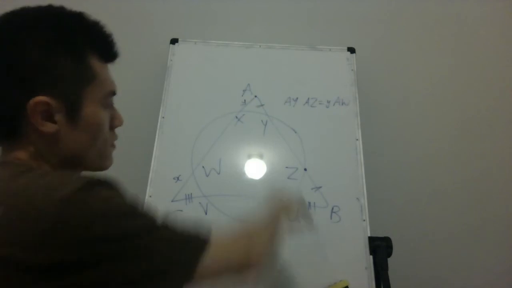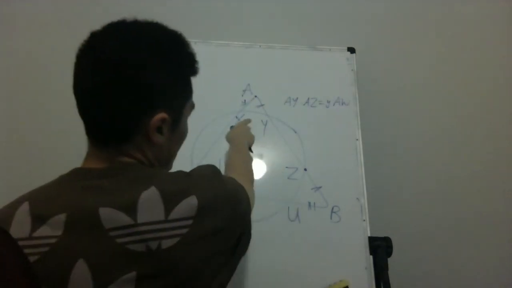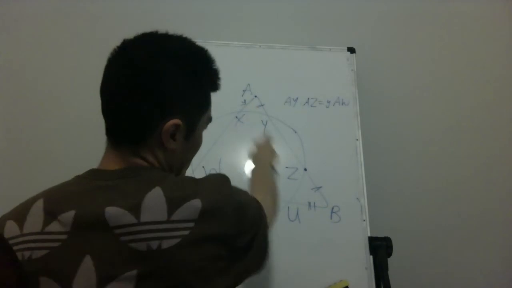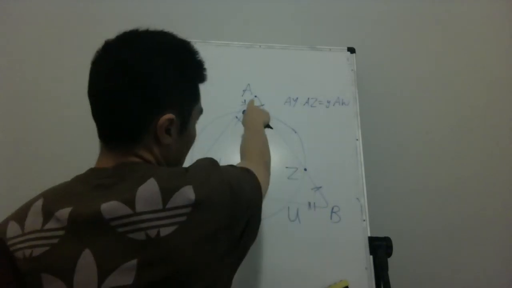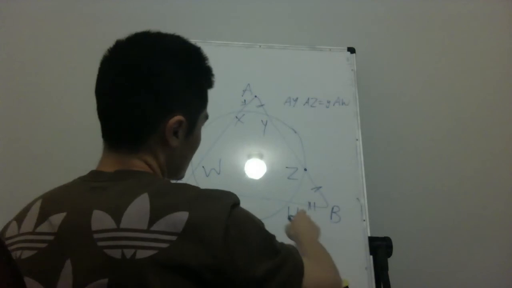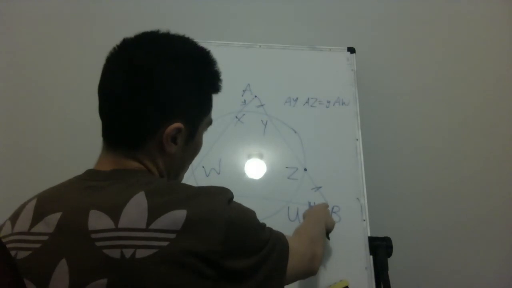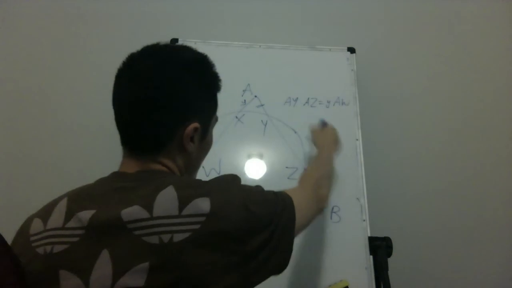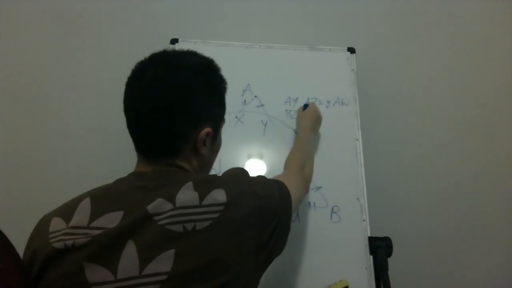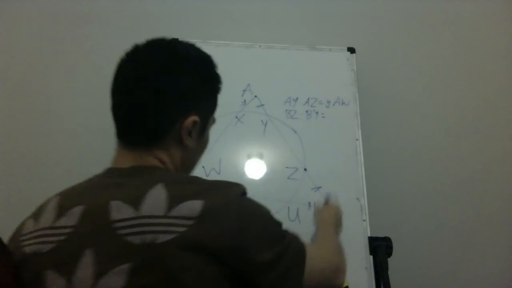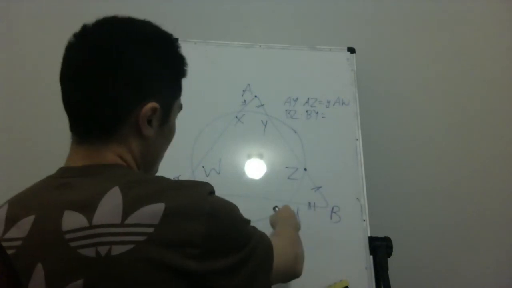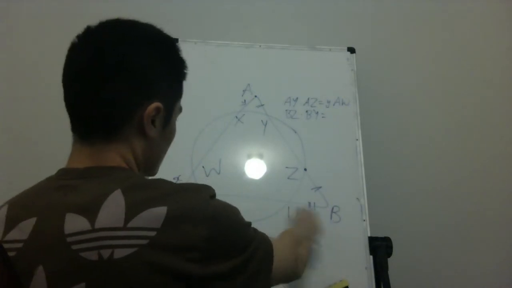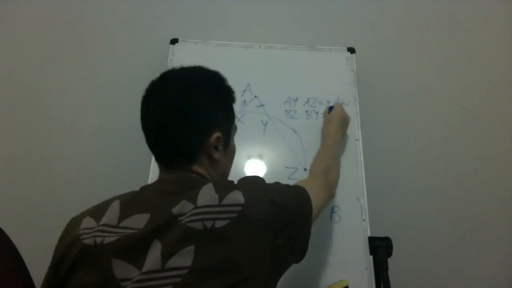And it's true for all three of the corners, right? So then you get, that was at A. At B, it's BZ times BY equals BU times BV, right?